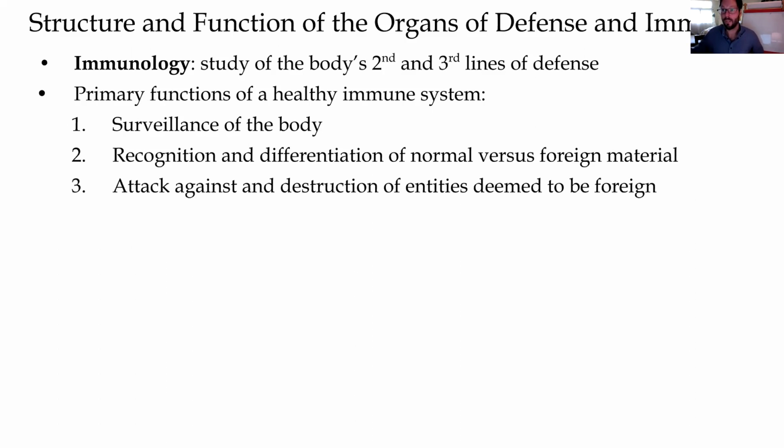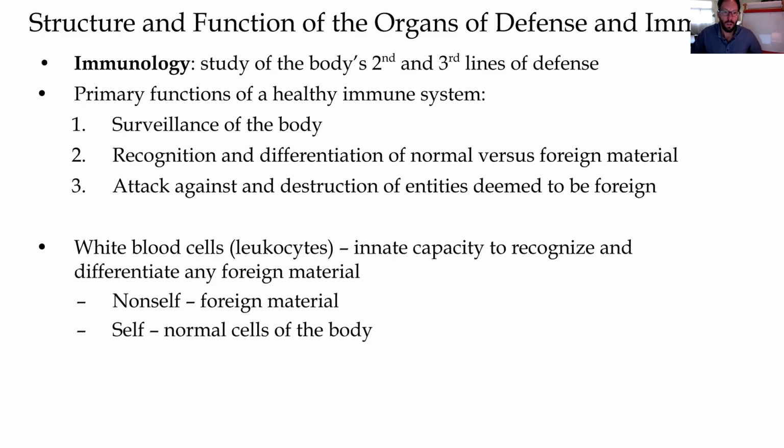And you don't get the infection. White blood cells, those are going to be your leukocytes, okay? These are going to be innate cells that recognize and differentiate any foreign material, okay? They're going to be non-self and self, okay?